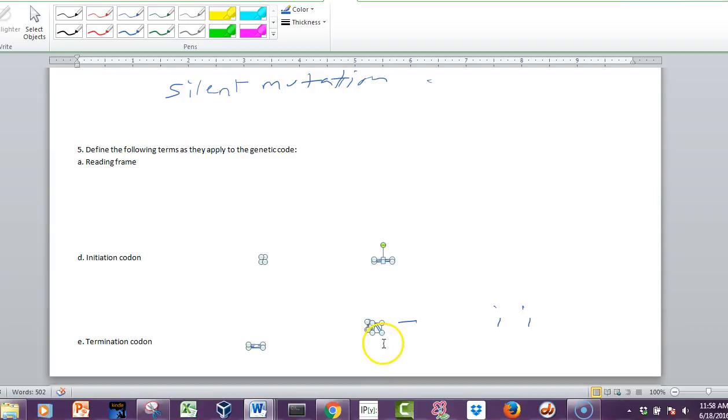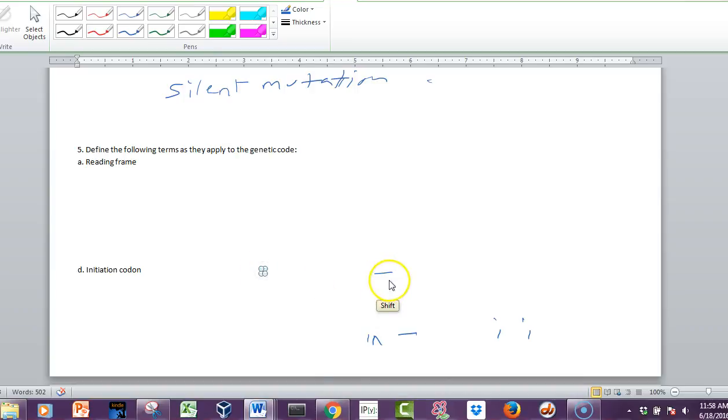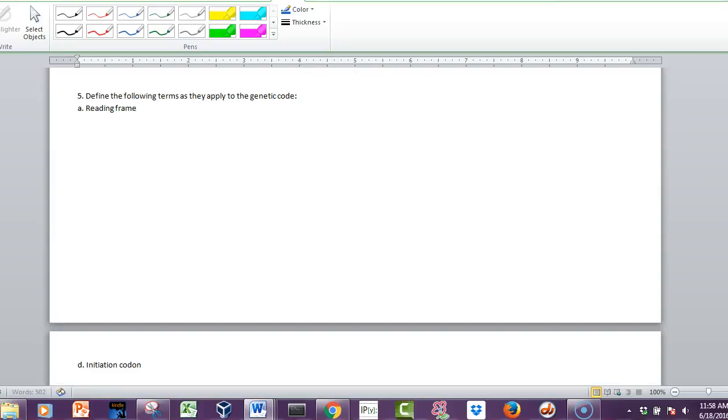And if you read all the codons that code for a particular protein, then that's the open reading frame for that particular gene. All right, so we all know what an open reading frame is. But it's not quite that simple, because in any given DNA sequence, there's a lot of potential reading frames.